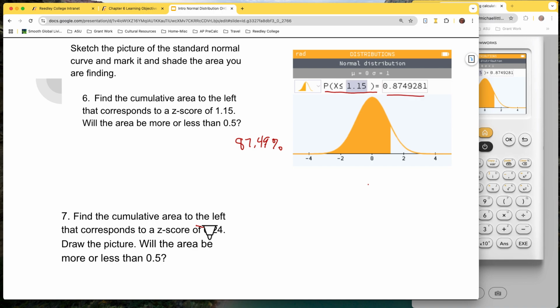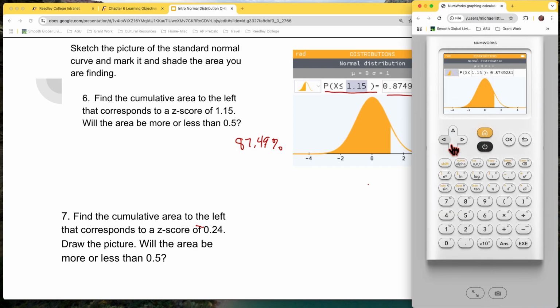Now, is this above or below the mean? Below, because, thank you. Good. So let's do this one. Which of the three tools are we going to use? The below, the between, or the above? Below, because we want to the left, right? And this time we just come in here, and instead of 1.15, we put our negative 0.24.